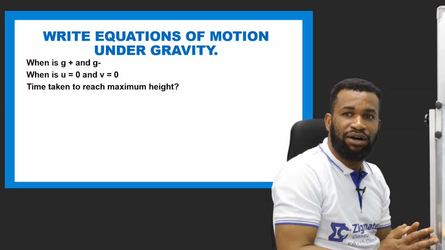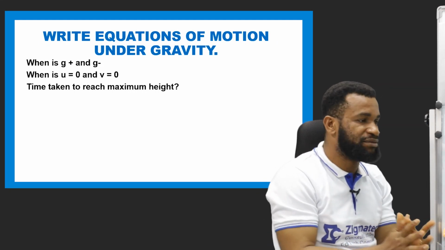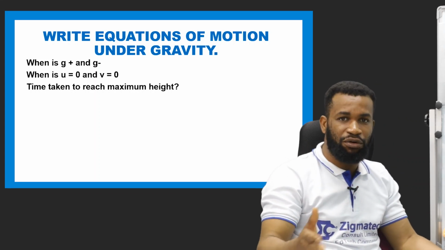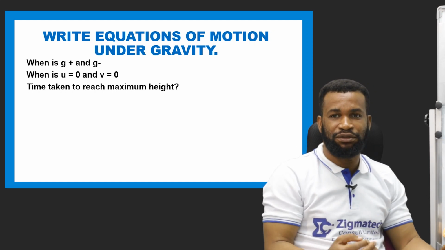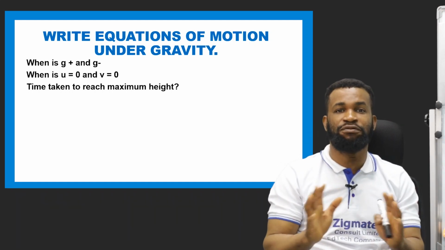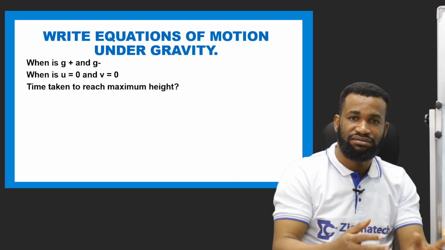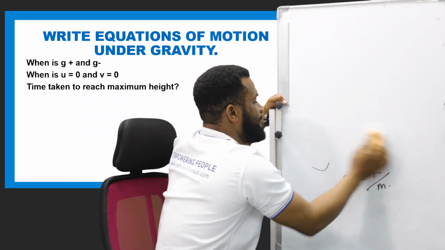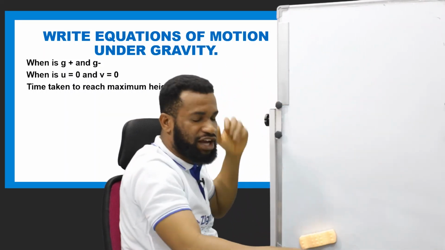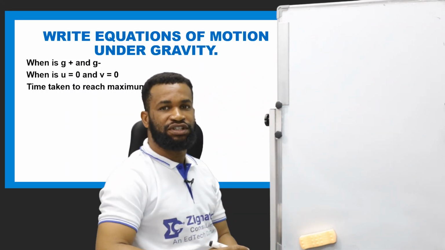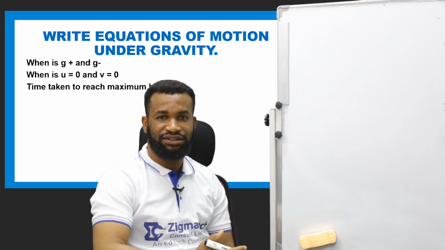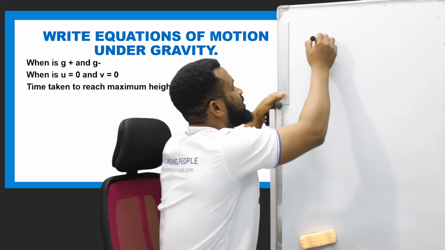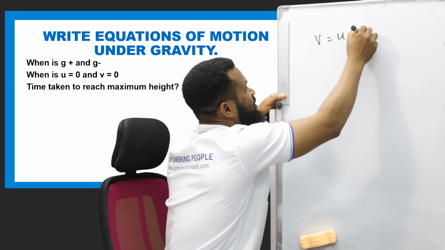Now, when we are talking about the equations of motion under gravity, it's not like the ones you've learned on rectilinear motion, or motion on a straight line. This one is different because of the orientation or the kind of motion that occurs. Let me remind you of the equations of motion you've learned. When we did the derivation of those equations, we said that V is equal to U plus AT.